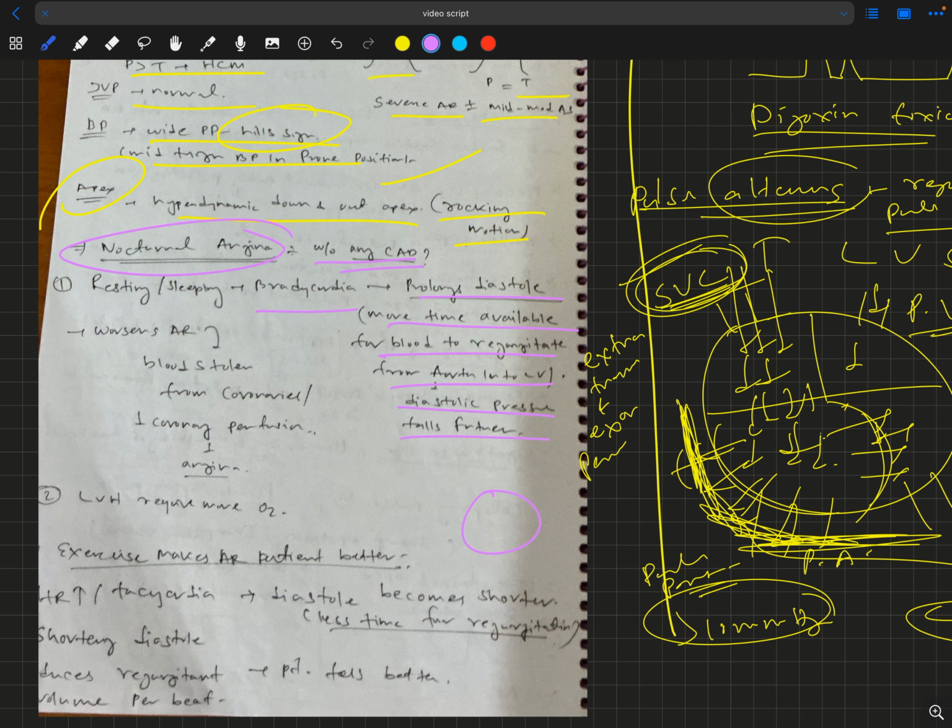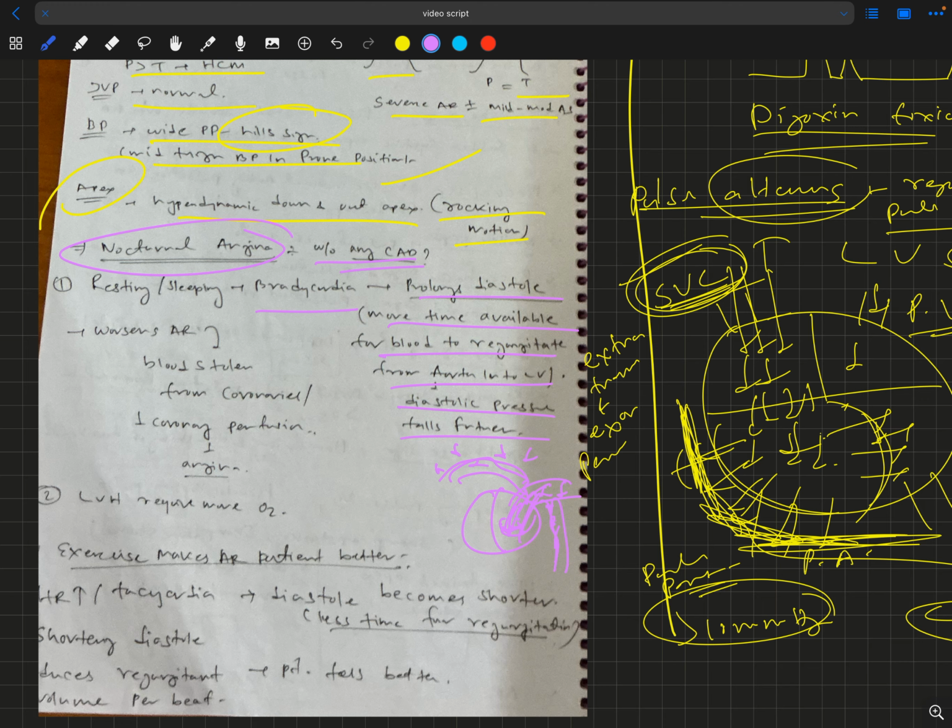The aorta originates from the left ventricle, and the coronary arteries arise from the base of this aorta. So this aortic pressure falls during diastole because blood is flowing back into the left ventricle. So blood flow to the coronary arteries arising from the base of the aorta will decrease.